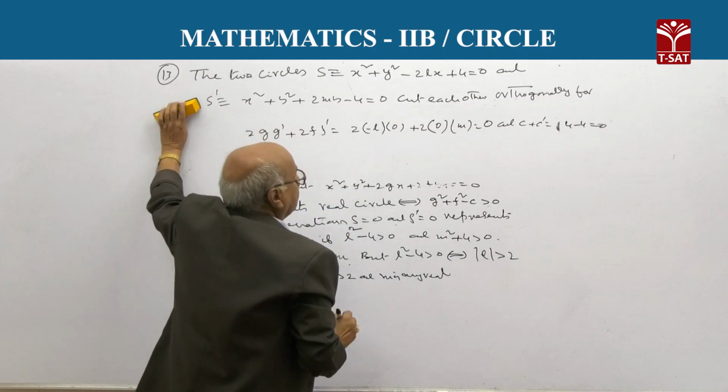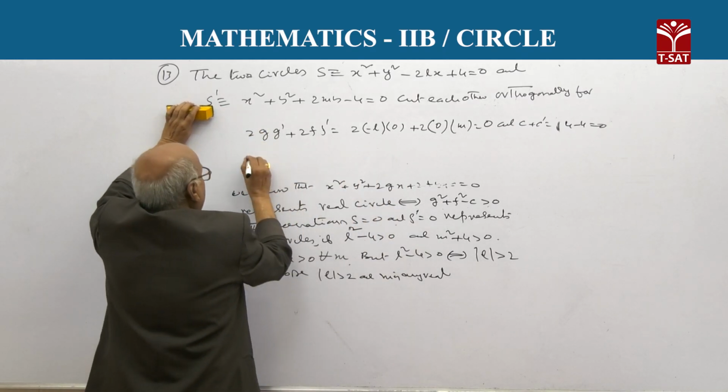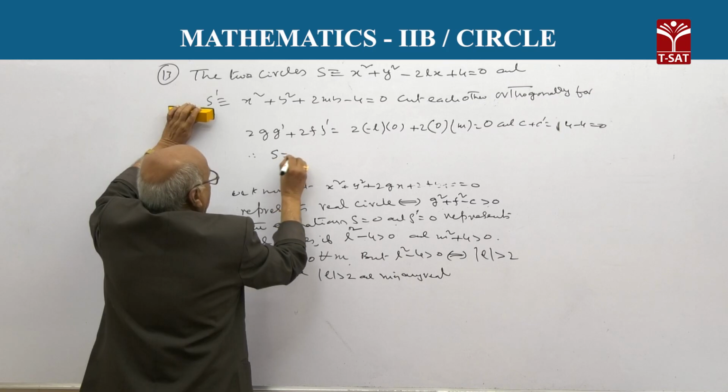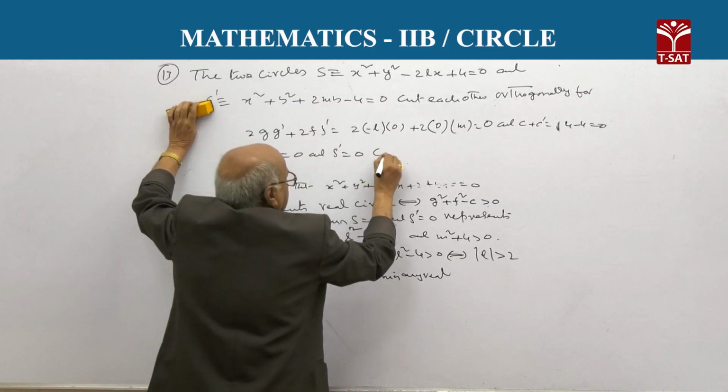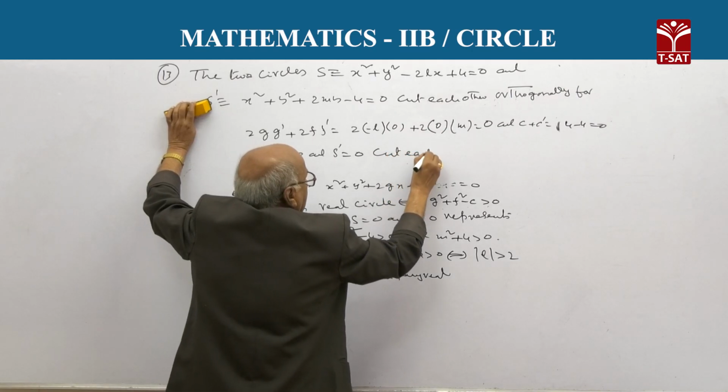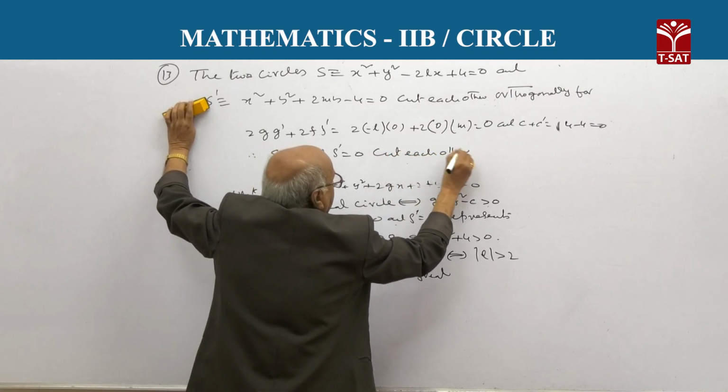So, therefore, here the condition is satisfied. So, therefore, the two circles S equal to 0 and S dash equal to 0 cut each other orthogonally.